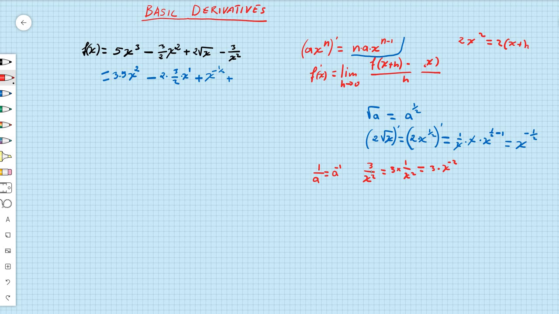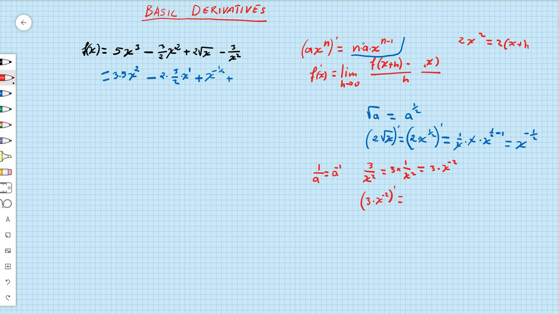So if we have this, now we can derive our function really fast. So let's go ahead and derive this.